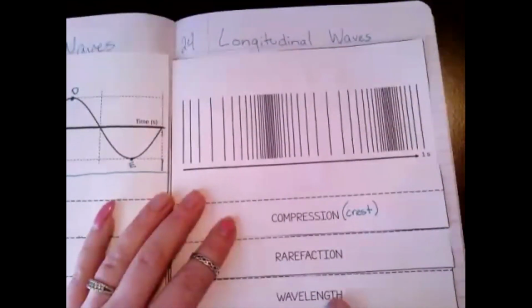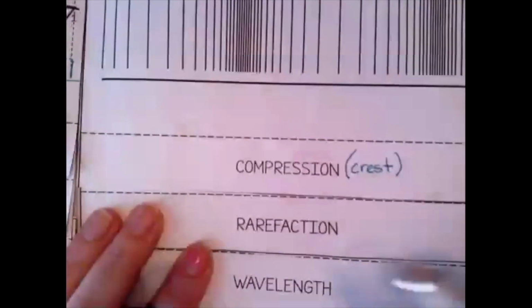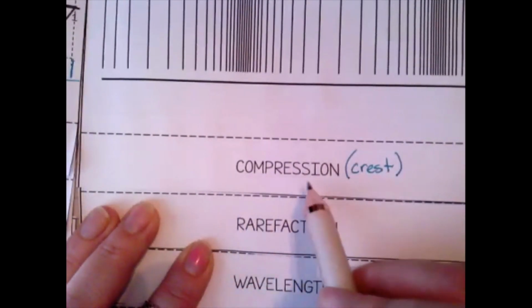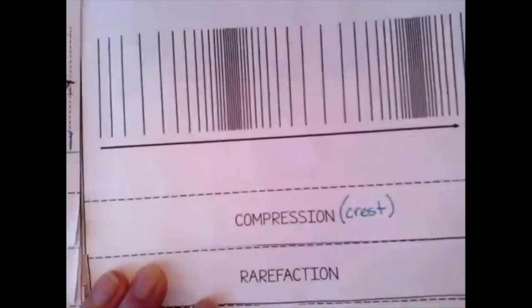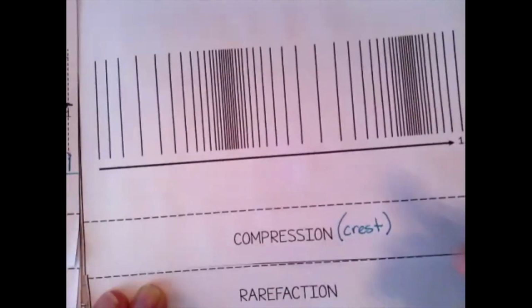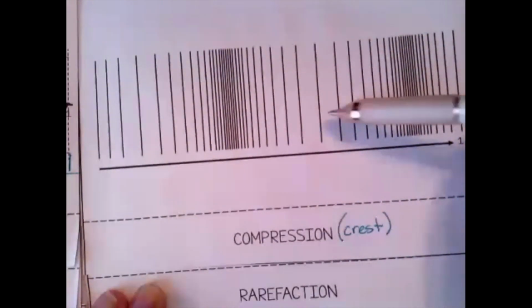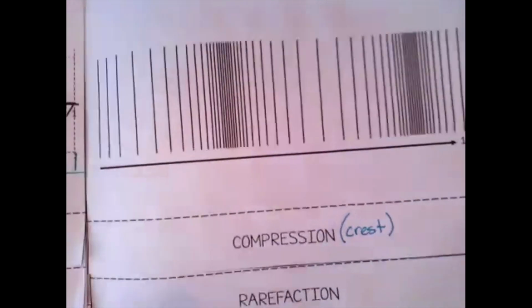Now, thinking about what you know about this word, compression, which part of the wave above do you think is the compression? How are you going to determine which part of this is the compression?